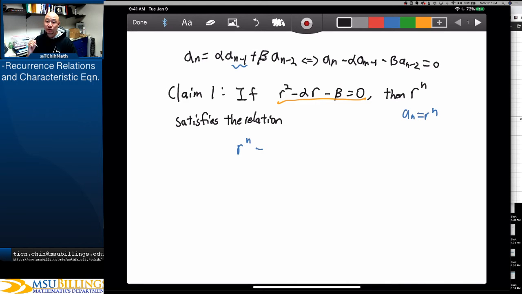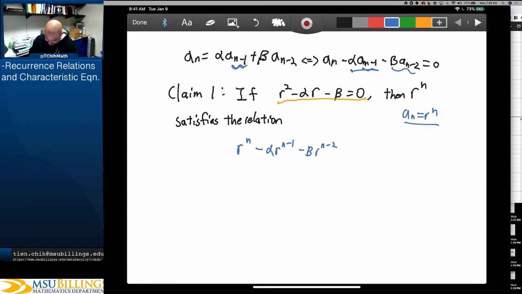And so what I want to do is evaluate a sub n as r to the n and see if I in fact do get 0. So we have here r to the n minus alpha r to the n minus 1, minus beta r to the n minus 2, because we're assuming that a sub n has the form r to the n.